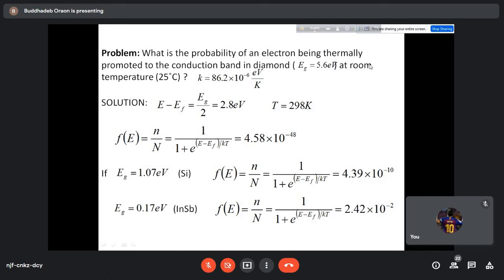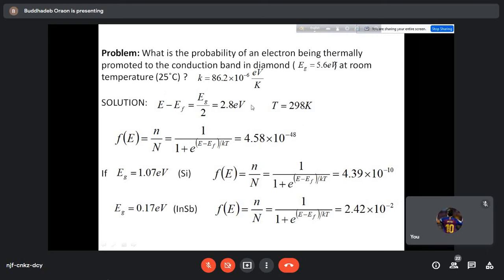First we are taking the example of diamond. Since diamond has 5.6 electron volts, we can calculate E minus EF, and that will be Eg by 2, so we are getting 2.8. At room temperature, 25 degrees centigrade, the absolute temperature is 298.